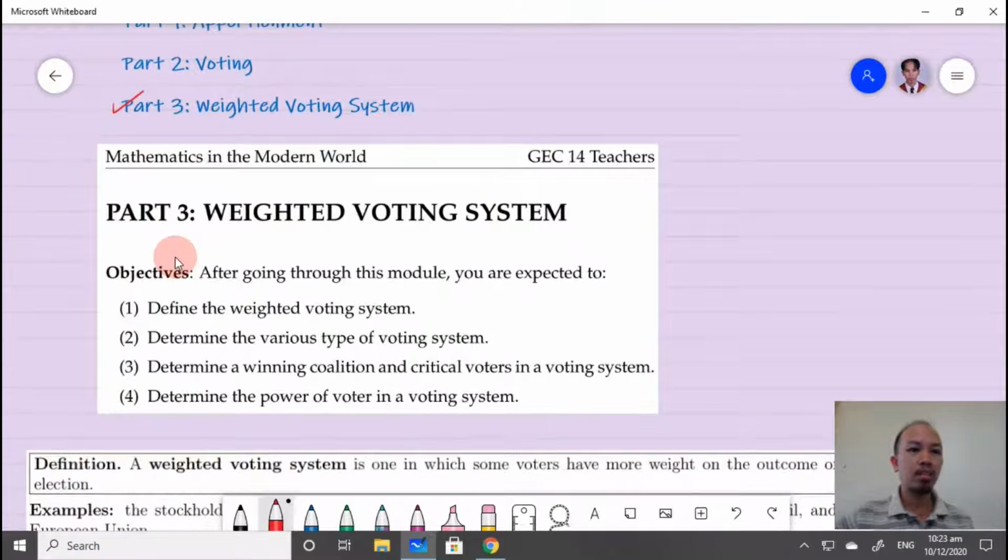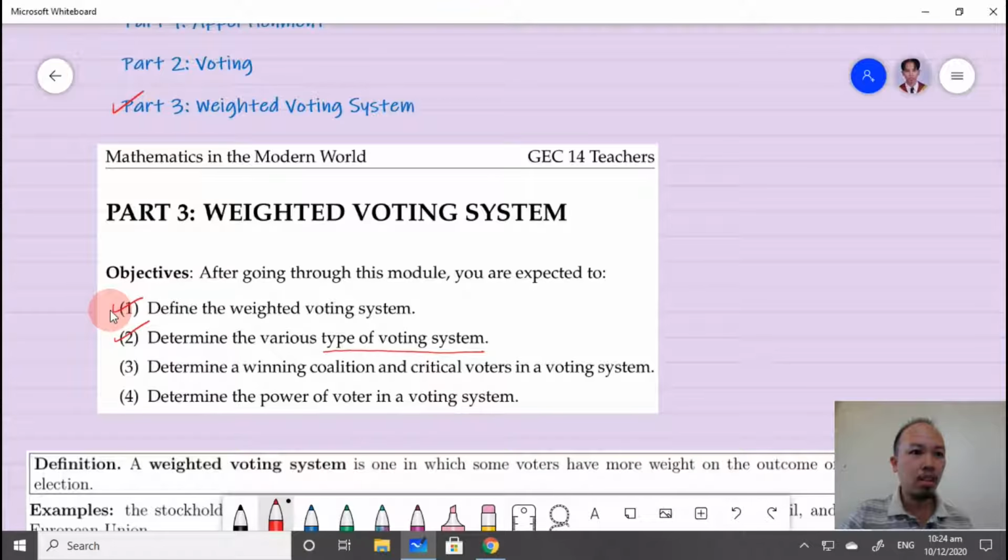In this lecture, the students are expected, first, to understand the definition of the weighted voting system. The second is to introduce the types of weighted voting system. There are 4 types, just like in the apportionment and voting topics, part 1 and part 2.